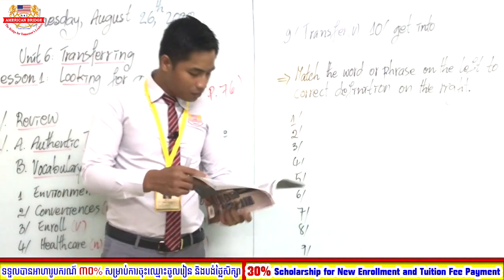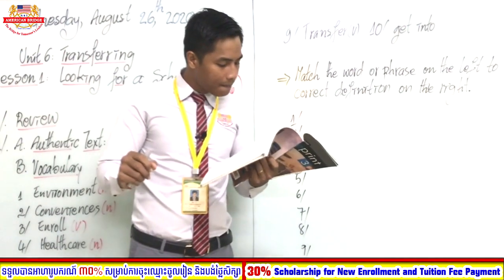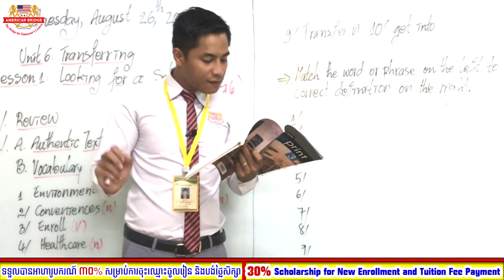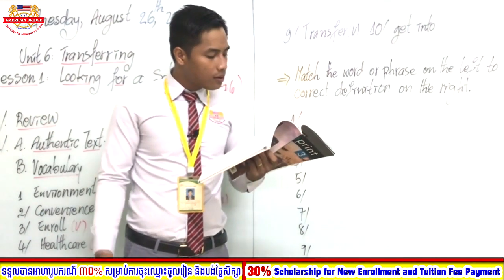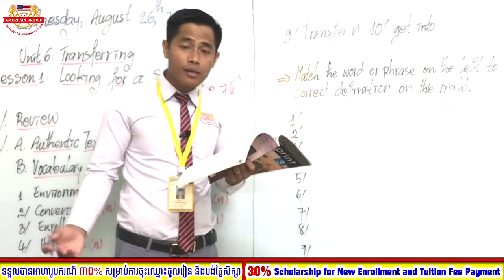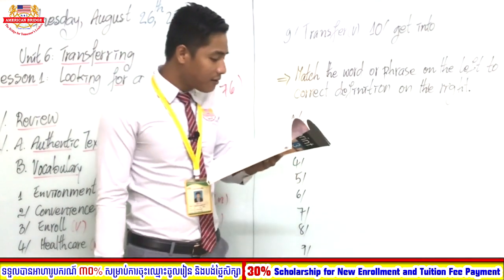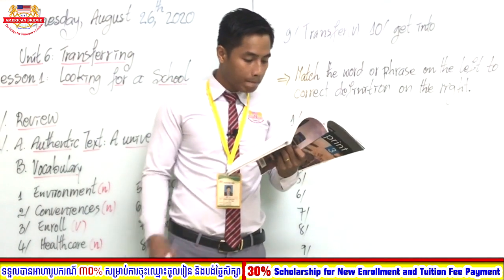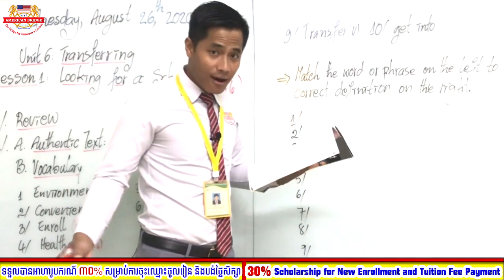So now open your book to page 76, then you will see the vocabulary and the definitions on the right. Okay, good. So you have to match. For number one, environment. Okay, number 1, environment.